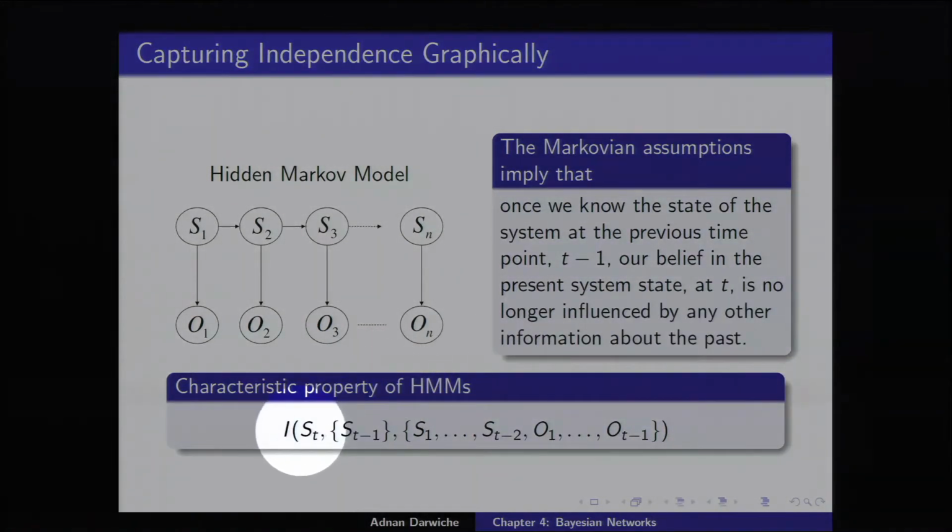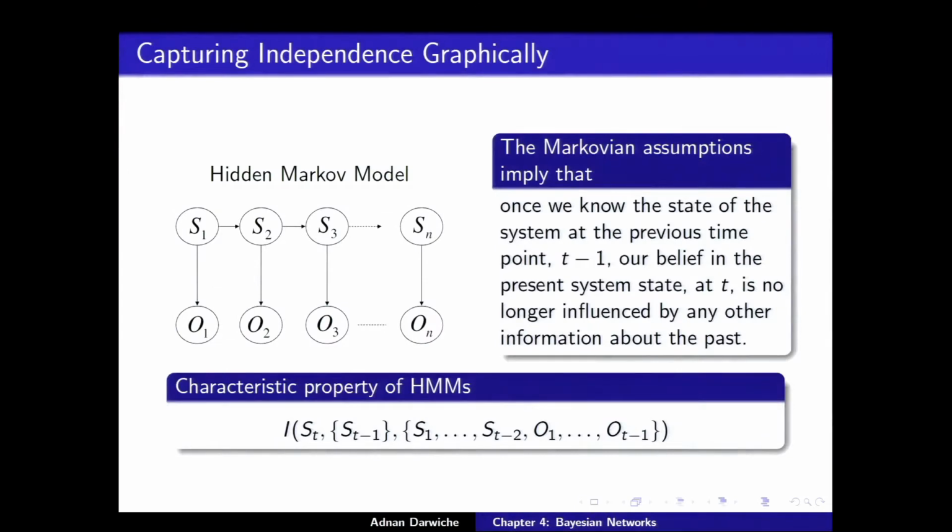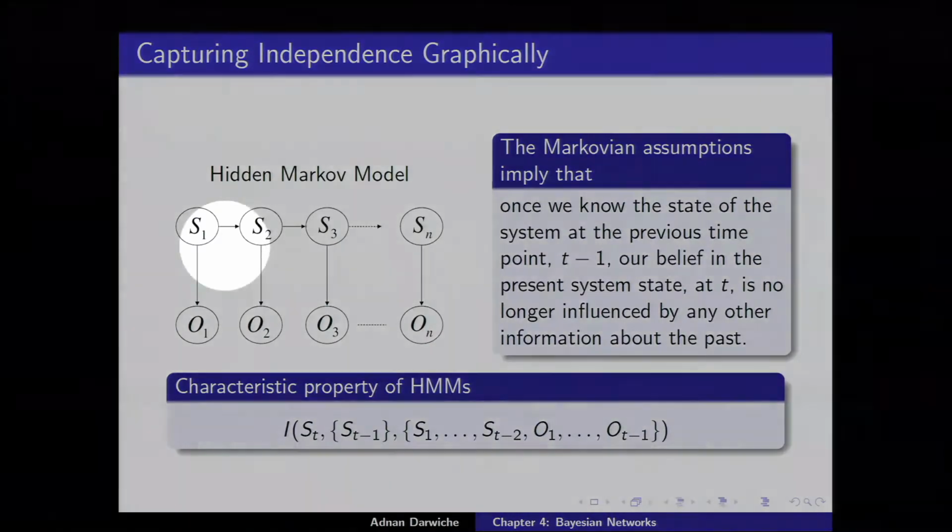For state St, the parent is St minus 1, correct? And the non-descendants, in this case, look at S3, for example, right? Everything here is a descendant, right? And then these guys. So the non-descendants are basically these.